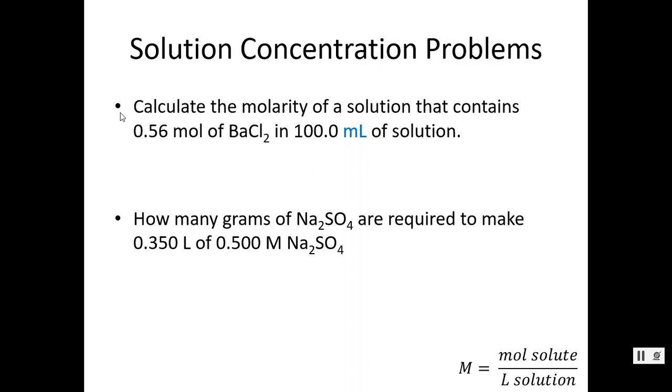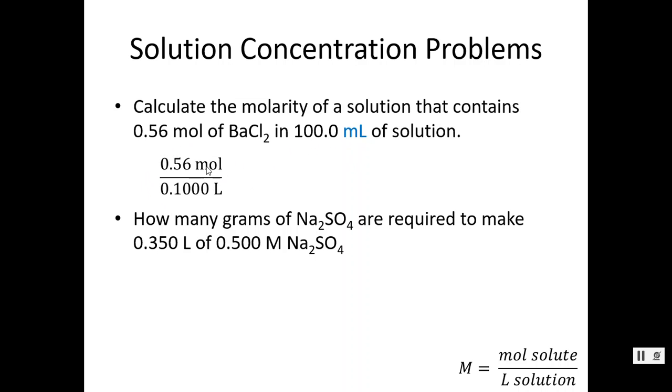In this first problem, I ask for the molarity of a solution that contains 0.56 moles of barium chloride in 100 mL of solution. Remembering that molarity is moles of solute per liter of solution, I can say that the molarity is 0.56 moles of barium chloride per 0.1 liters, because remember the volume has to be in liters, and there's 1,000 milliliters in a liter, so that decimal place comes over 3 to the left.